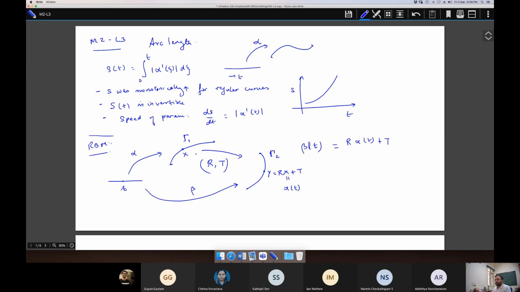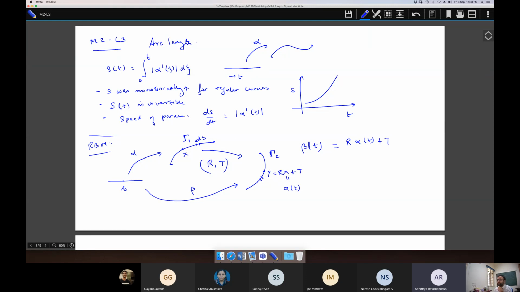Okay. So what do you think will be the length of the curve gamma 2 compared to gamma 1? Same. If I took an infinitesimal section here, let's say ds, what do you think its length here will be? Sir, integral of beta of t dt.